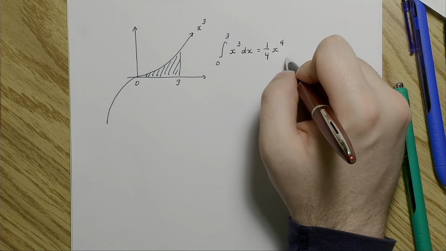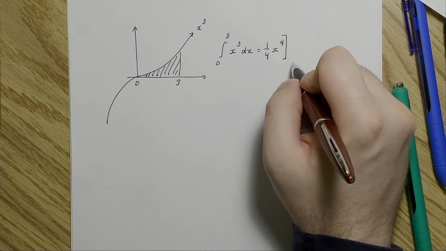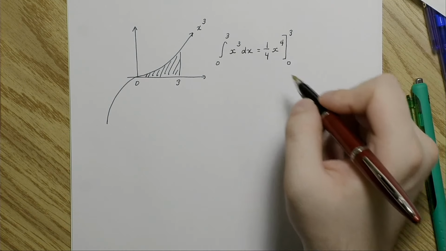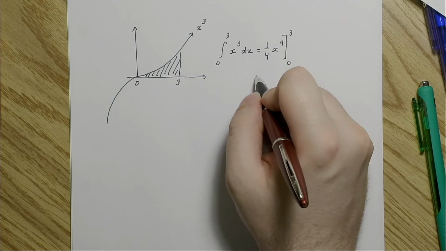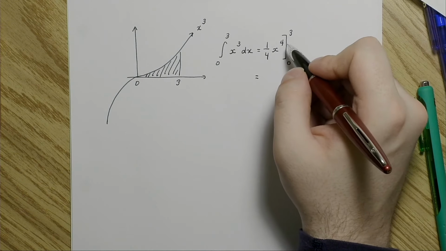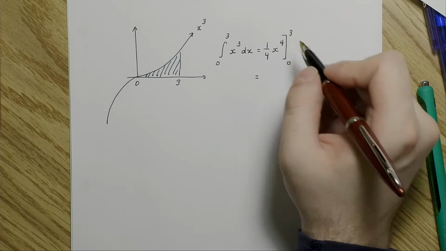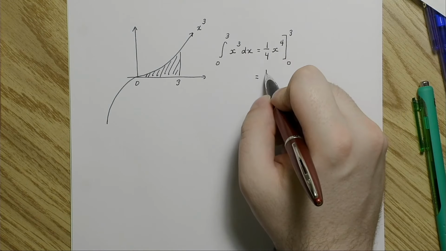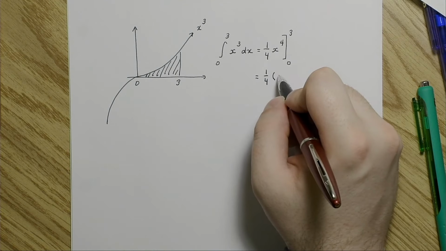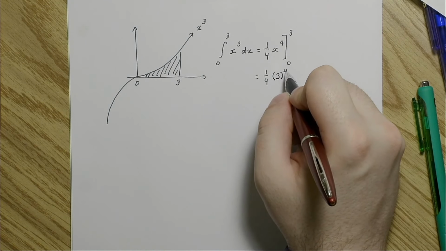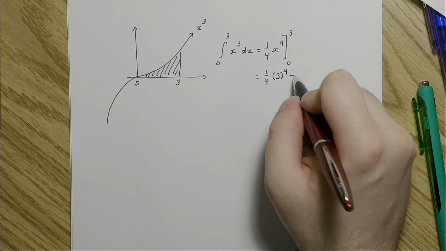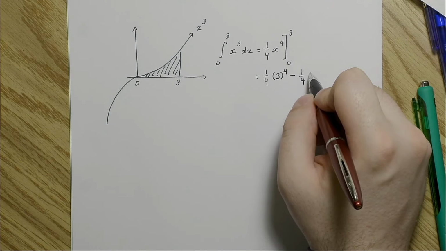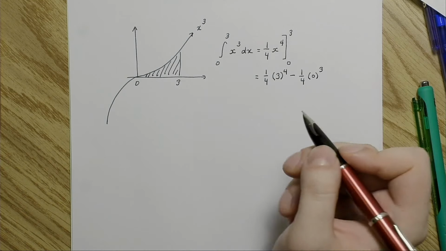You don't have to worry about putting a constant here, because we're integrating from 0 to 3. We start from the top, so we substitute those values in. So I get 1/4 times 3 to the 4th, minus 1/4 times 0 to the 3rd.